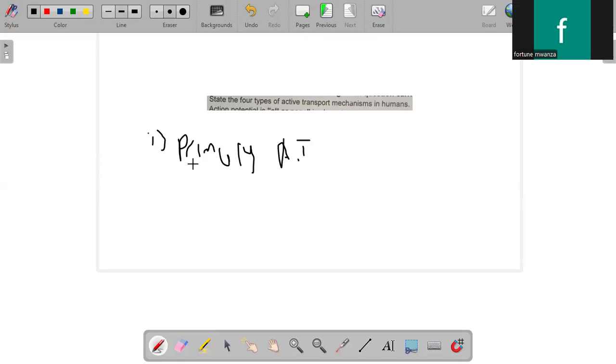The second one is secondary active transport.